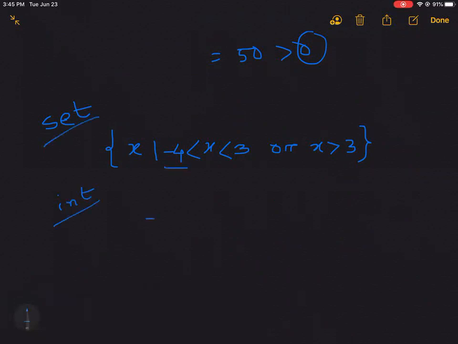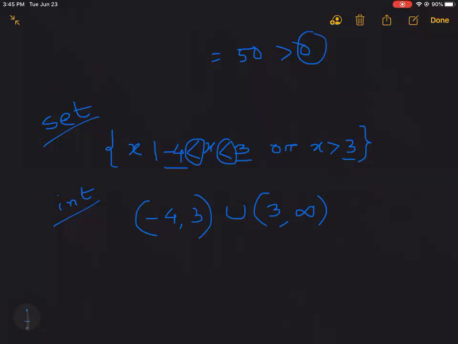So it starts from negative 4, ends at 3. Both of these are not really included, as you can see, so it will be parenthesis, union, as we will have more than one interval. It starts from 3, it goes up to infinity, right? So this will be the solution using the interval notation.